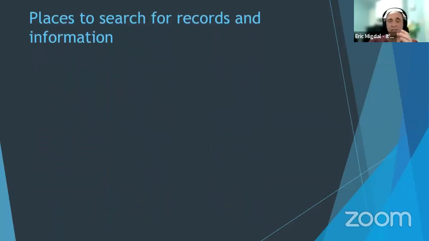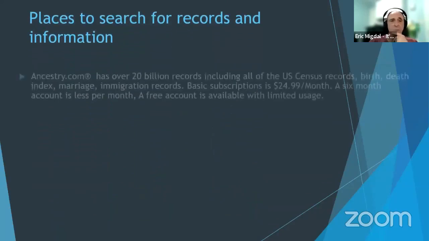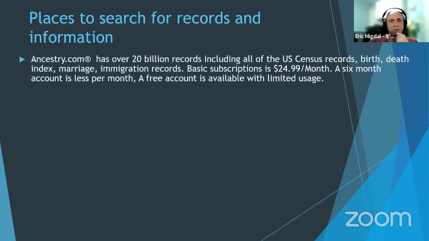Now, there are a lot of places to search for records and information. Some of the few that I really like to use most of the time are going to be Ancestry.com, that has over 20 billion records, including all of the United States Census records, birth, death index records, marriage information, and immigration records.